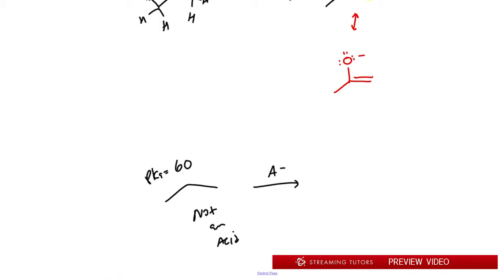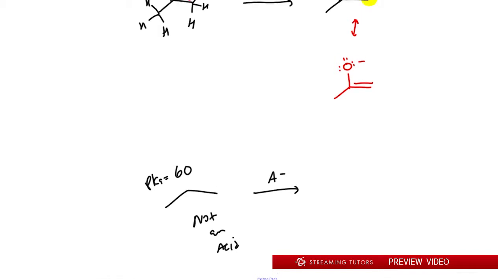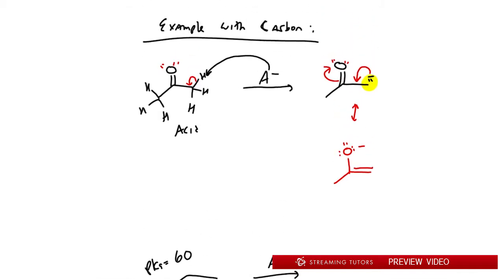Right? So this is not acidic at all. However, this one is an acid, and it's of course not as good as, let's say, an oxygen that becomes negative with resonance, but for a carbon comparison, this one is more acidic. Okay? Now, this is the trend for resonance. There's a little bit more we have to go through, but this is the general idea.